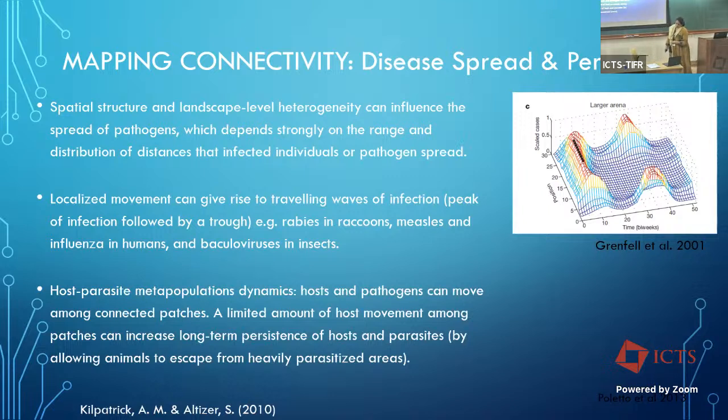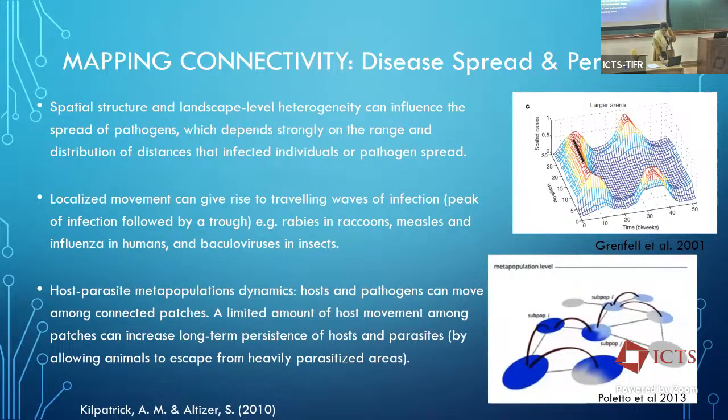Another framework that is often used to look at connectivity and persistence of pathogens in a landscape is host-parasite metapopulation dynamics. And if any of you have worked in ecology, you know that metapopulations are inherently spatial in structure.